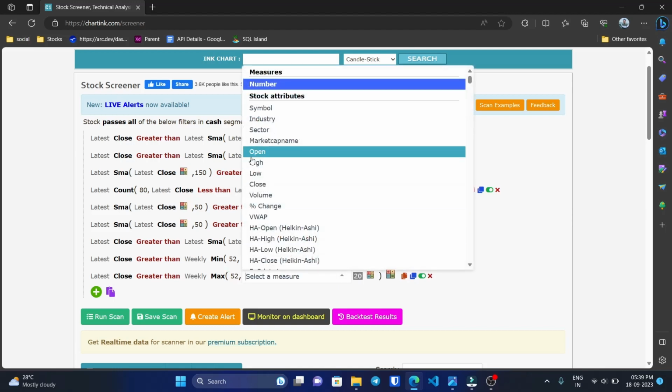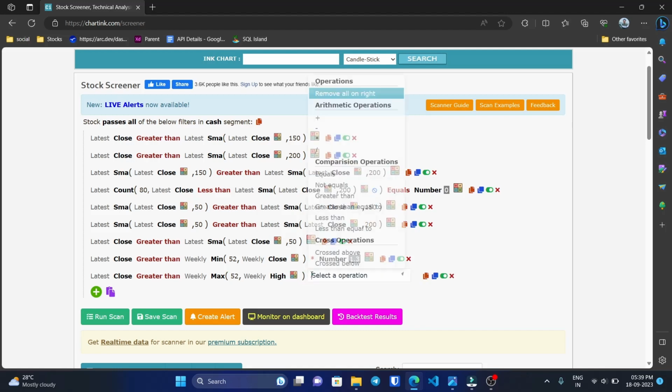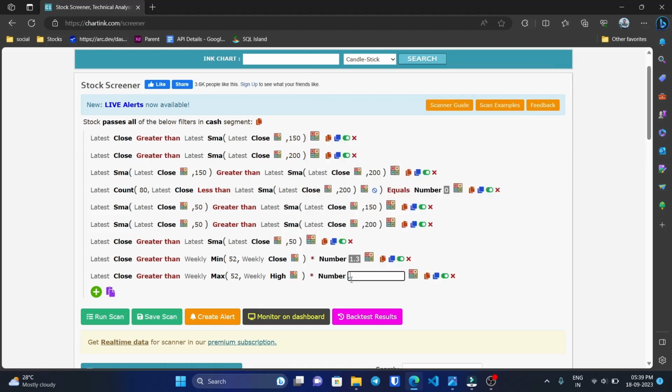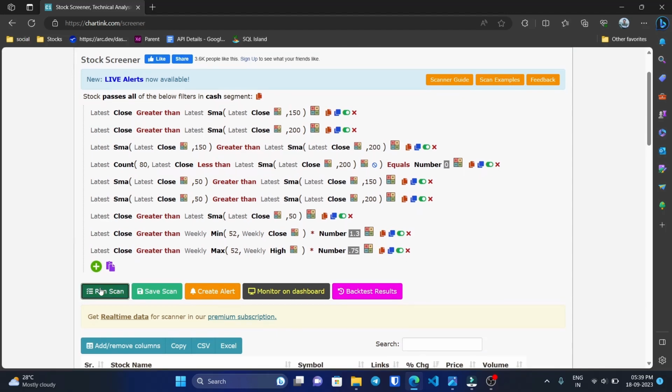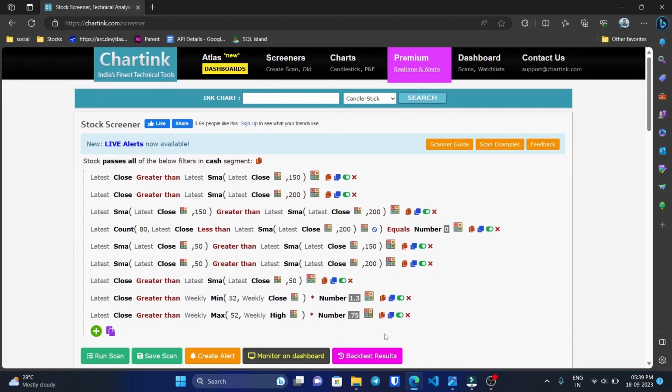Then change it to high here. Now we need to multiply this value with 0.75. So this is like our close should be within at least 25% of our 52-week high. Now we can run the scan again. So now we have reduced to around 479 stocks.